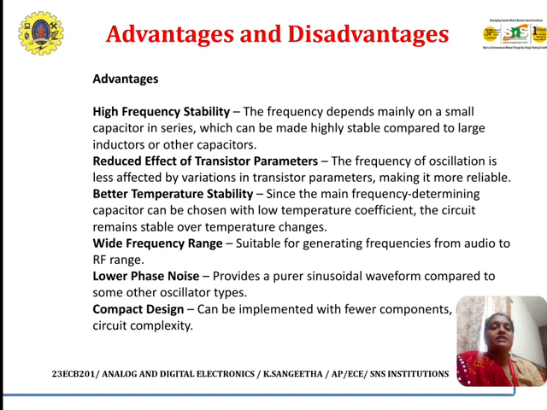The main frequency determining capacitor can be chosen with a low temperature coefficient, and it has a wide frequency range and lower phase noise. It provides a purer sinusoidal waveform compared to other LC oscillators, that is, the Hartley and Colpitts oscillators, and is compact in design.